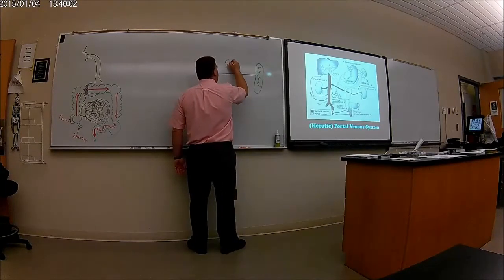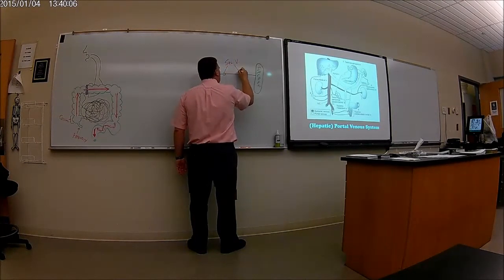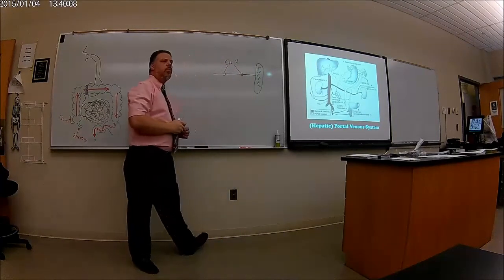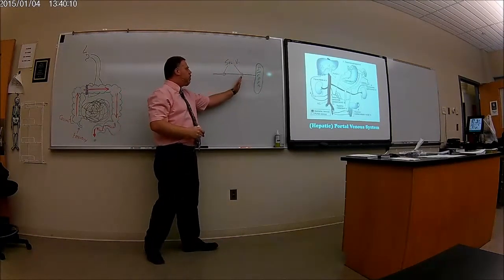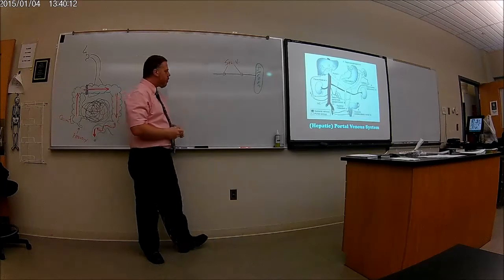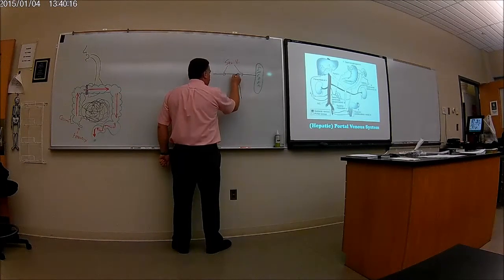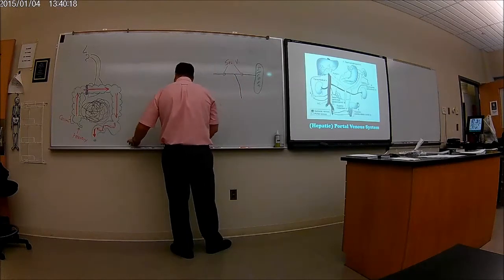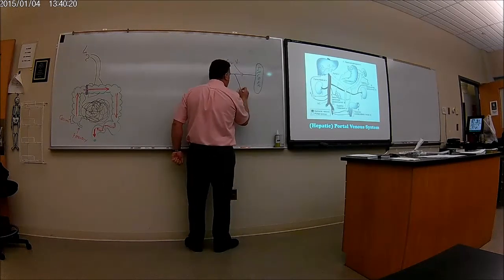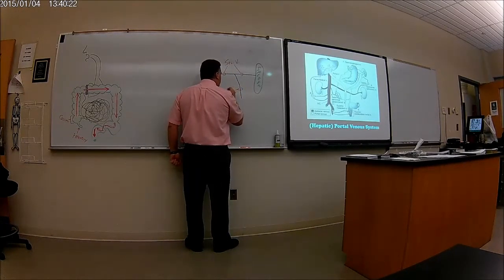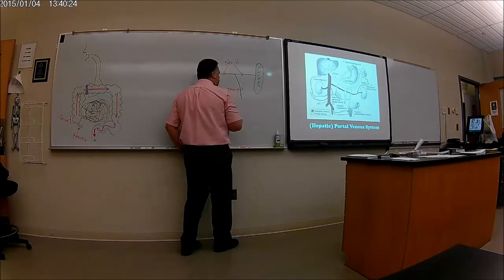So this is the splenic vein. Okay? Blood is coming from the spleen going back towards the heart. There's going to be another one that comes up here, and this is called the inferior mesenteric vein.